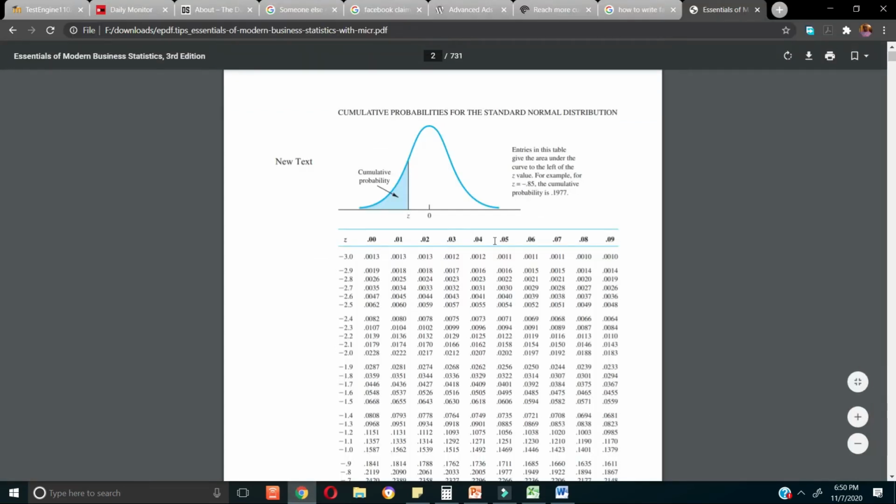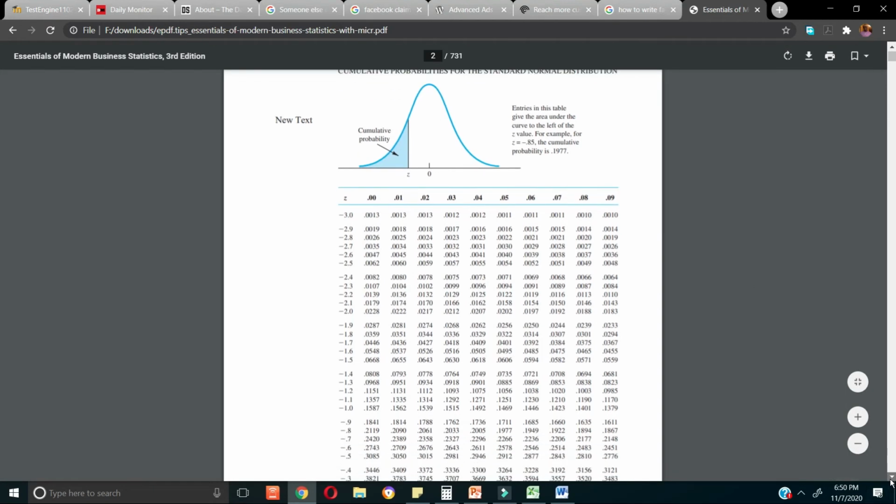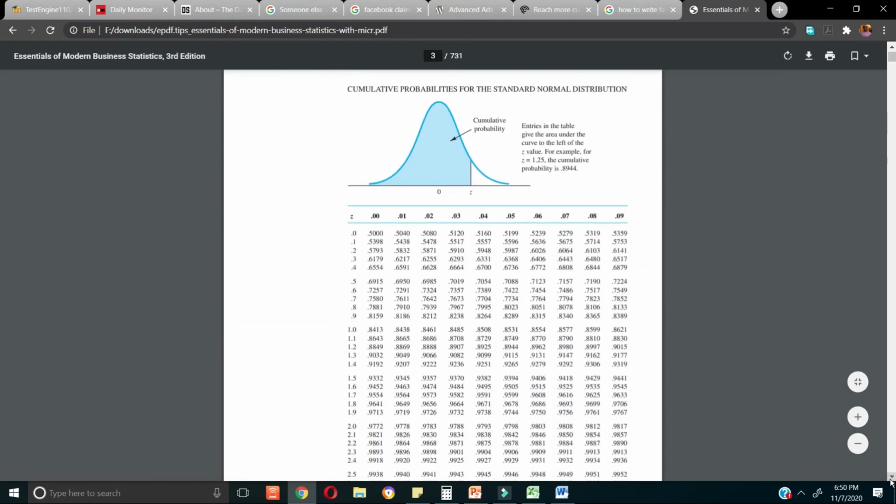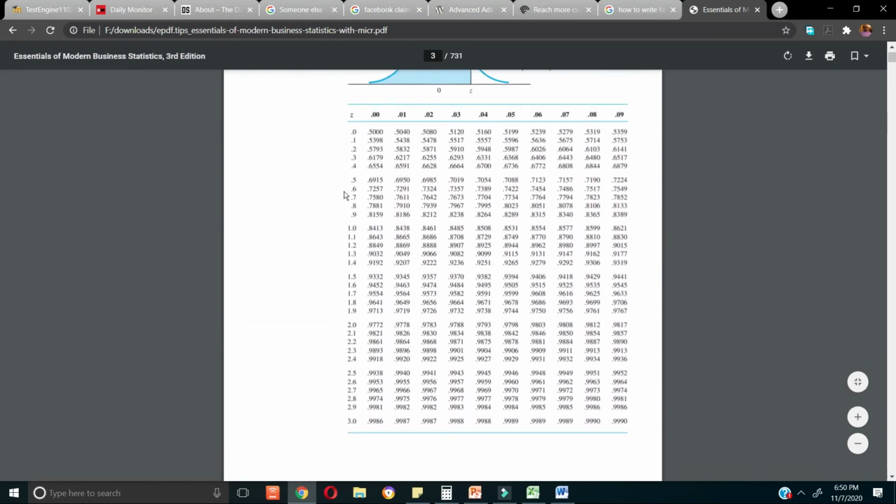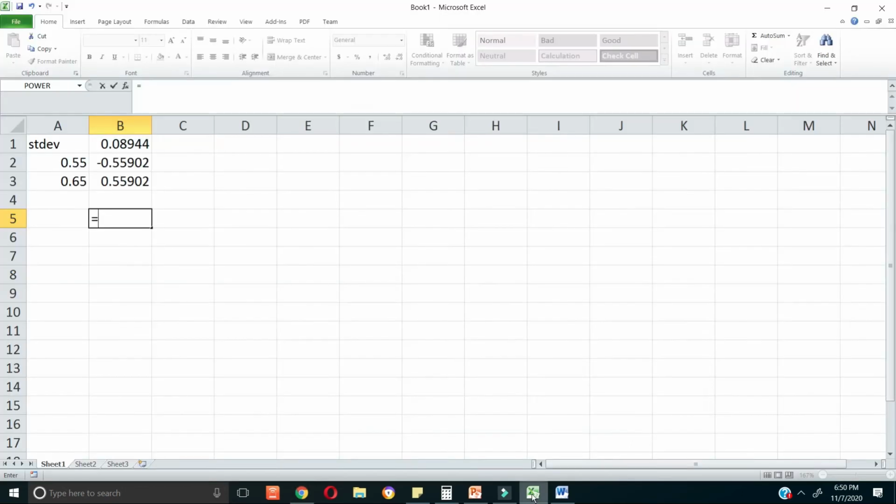Maybe we should round that off to 0.56. So 0.56 is over here. You have 0.7454.